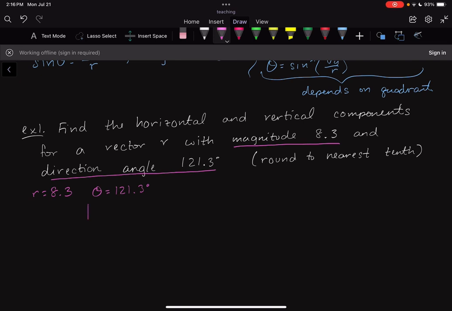I also like to draw out a little sketch of what's going on. So my theta being 121.3, that's going to put me in quadrant 2. And my r is 8.3, which is almost working as like a hypotenuse.